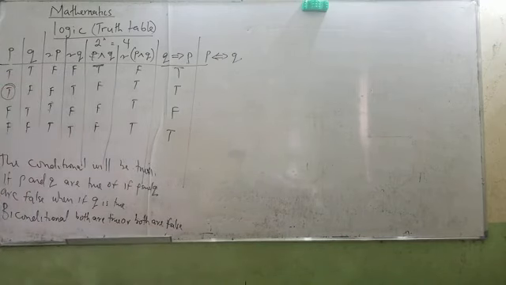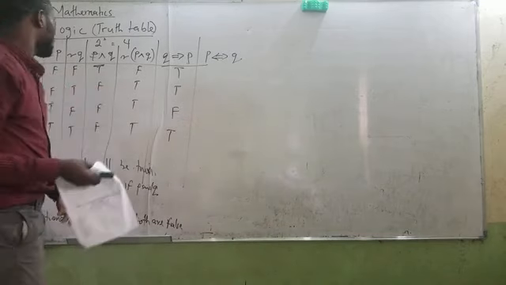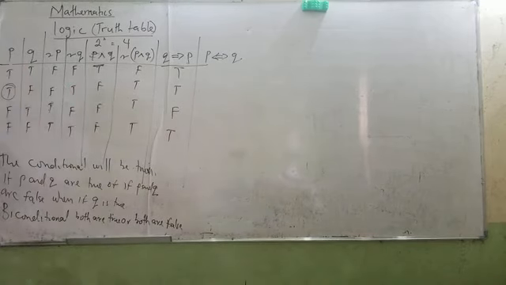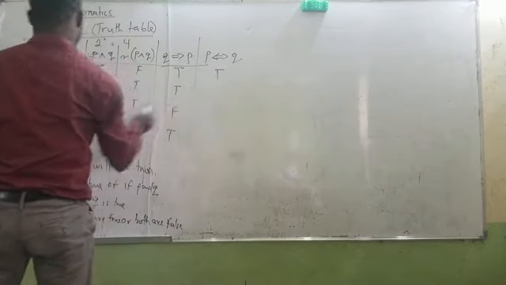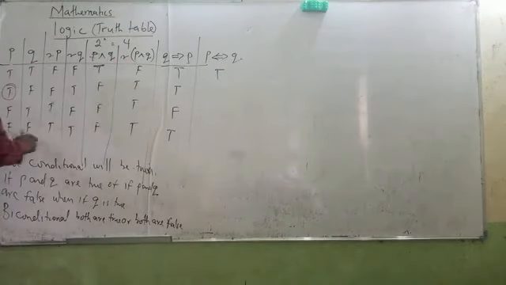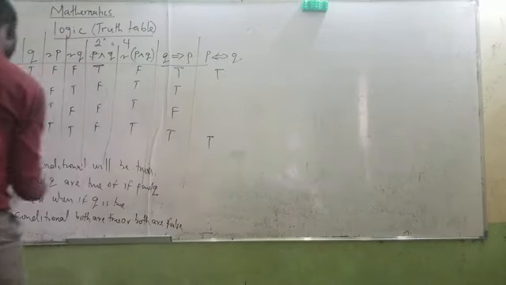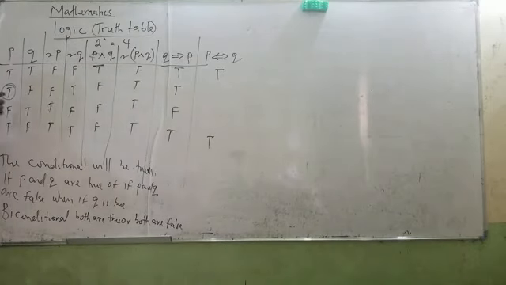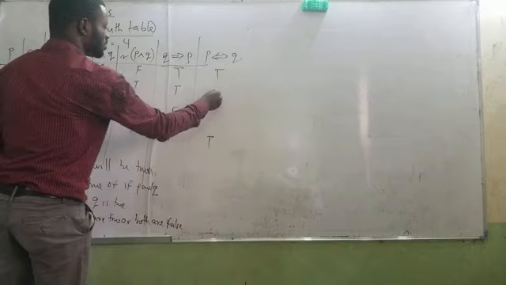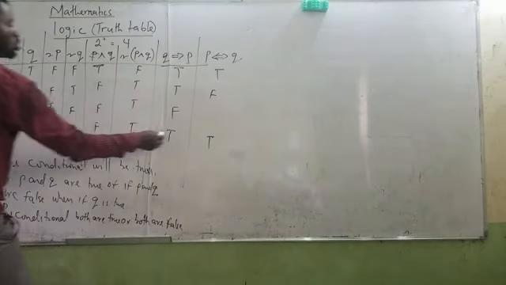That is what makes it true. If both are true or both are false, it will surely be true. For instance, true, true, it will be true. False, false, it will be true. Now, if they differ, this and this, it will be false, and this and this, it will be false.